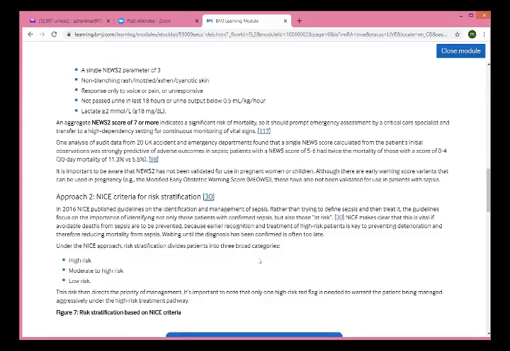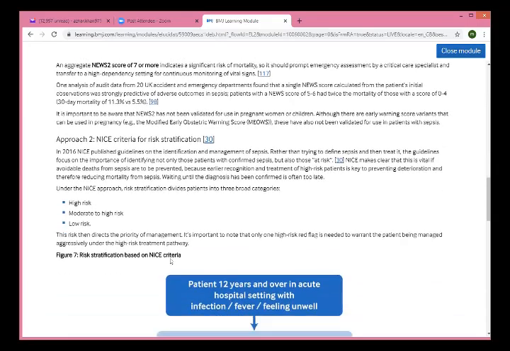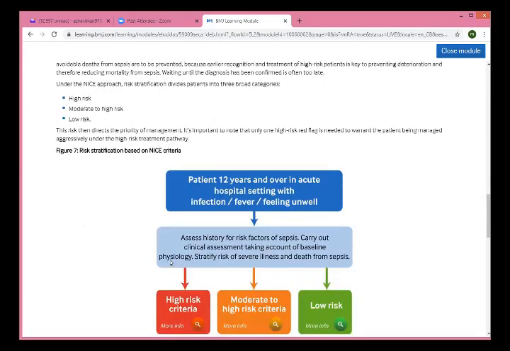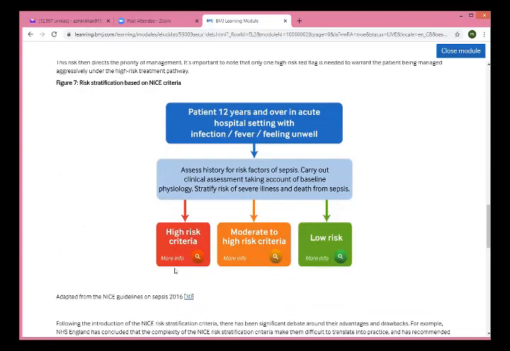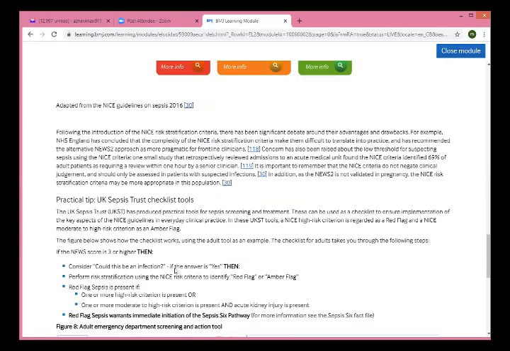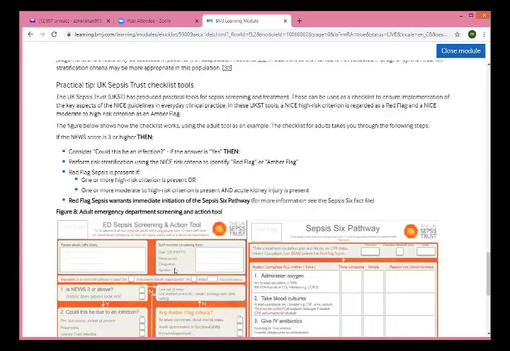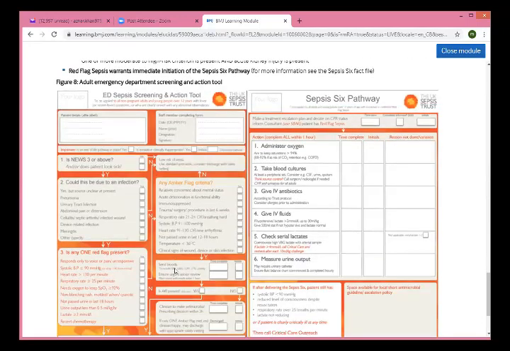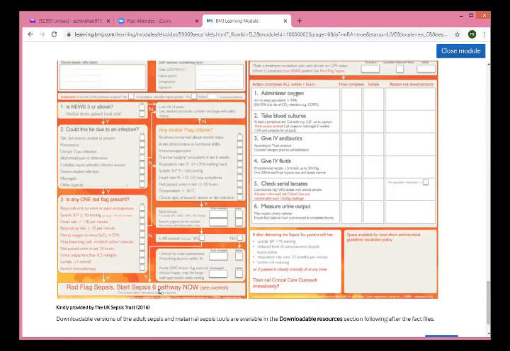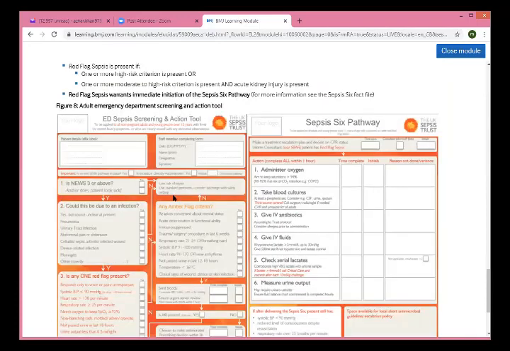Under NICE, patients are divided into 3 broad categories. So there are red flag sepsis and amber flag criteria in the sepsis screening tool.